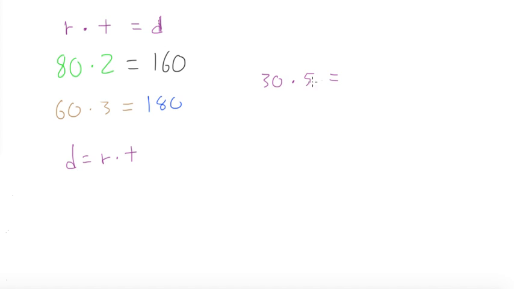What would be the distance? Well, that'd be 150 miles. And again, R stands for the speed or the rate, and T stands for the amount of hours that you're traveling. All right, well, that's it for right now.